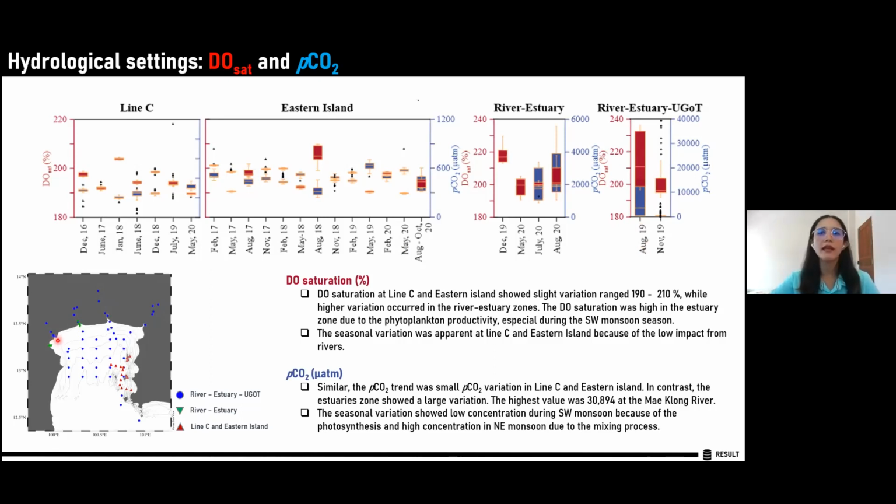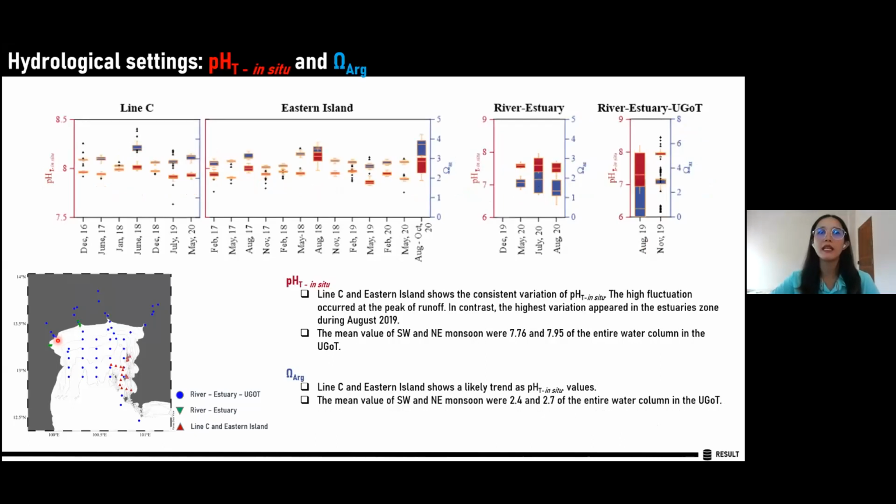The seasonal variation shows low concentration during the southwest monsoon because of photosynthesis, and high concentration in the northeast monsoon due to the mixing process. And for the next parameter, firstly, we start at the Lysi and Eastern Island.